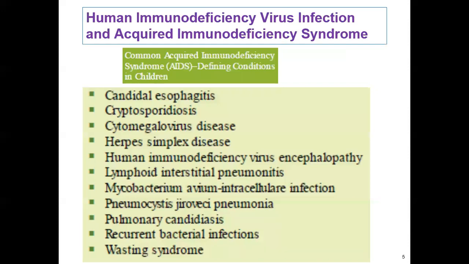Here showing the acquired immunodeficiency syndrome conditions, like Candida esophagitis or cryptosporidiosis, cytomegalovirus disease, herpes simplex, human immunodeficiency virus encephalopathy, lymphoid interstitial pneumonitis, mycobacteria infection, pneumocystis, pulmonary candidiasis, or recurrent bacterial infection.